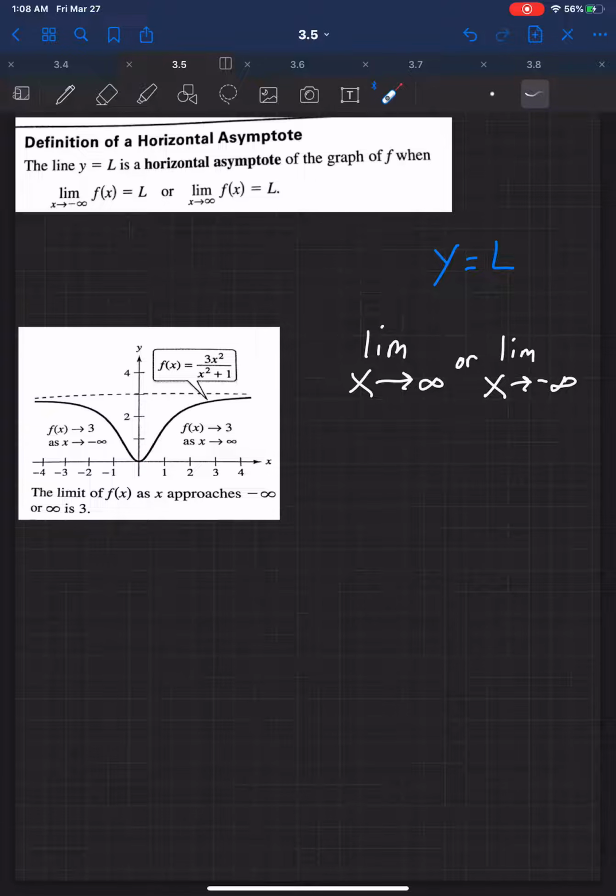Geometrically, we can see that there is a horizontal asymptote here.